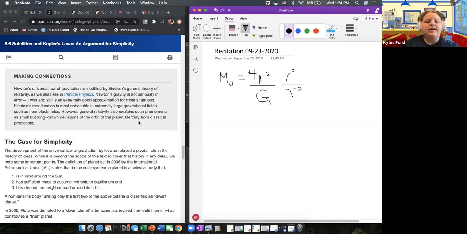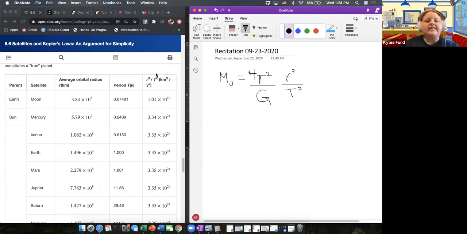And again, this last column is this factor here. So that's what I need from this table in order to solve for my mass. Because my gravitational constant, G, is known. That's given to us. So we just need to plug this in here.